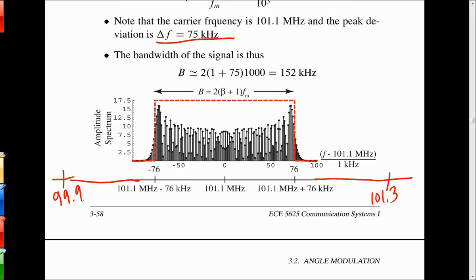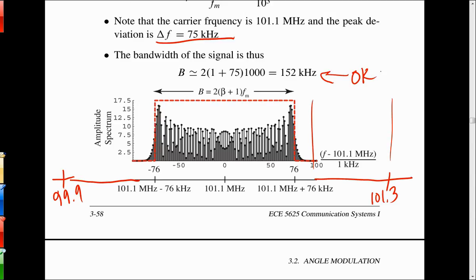So have we provided enough space? If they're spaced by 200 kilohertz, there's 100 kilohertz right down the middle, and then to the next center it's another 100 kilohertz. So that's okay, right? We're within the allocation.